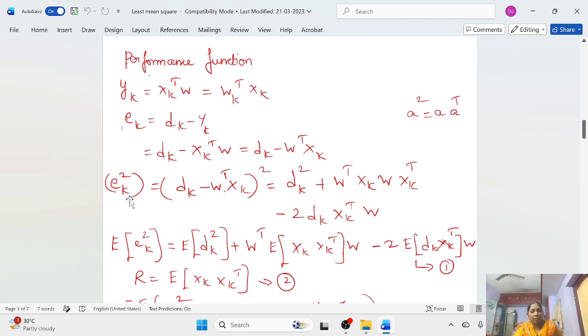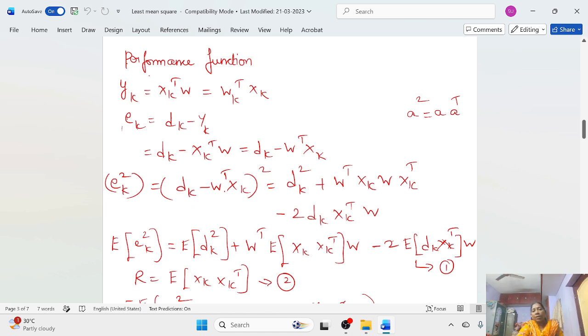Now we have to square the error. When you square the error, ek squared equals dk minus w transpose xk, the whole square. It is in the form of a minus b the whole square. When you expand it, it is a squared minus 2ab plus b squared.